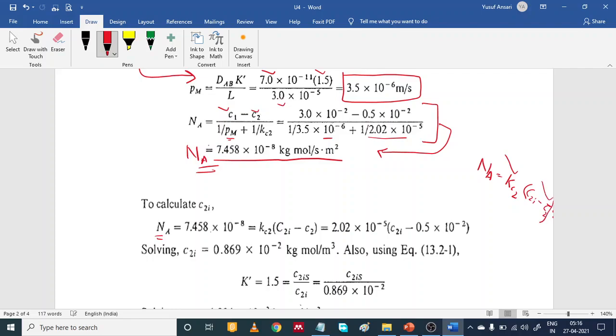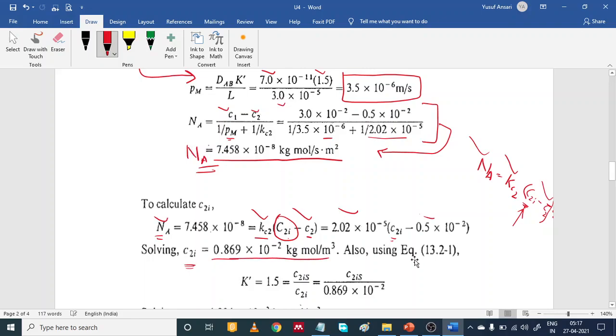Kc2 is given, and the other values are known. We have to find out this one. Very easy: just place all these values and you can find the C2i value. C2i value is 0.869 into 10 to the minus 2 kg moles per meter square.